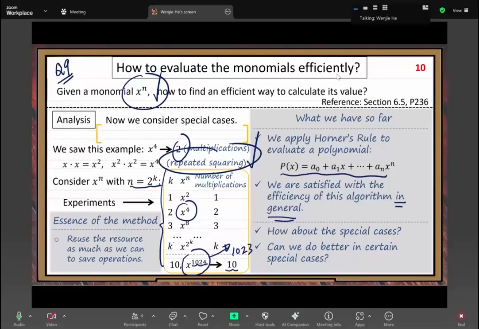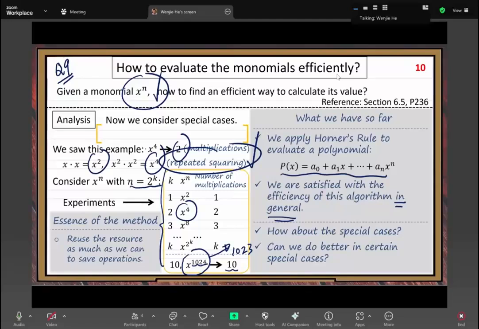The first time, after you do the first multiplication, you have x squared. This x squared we treat as a resource, okay? Because it's useful. Why do we call it a resource? Because this number is useful when we calculate x to the fourth. Something useful, we treat it as a resource. It's our computing resource. It's useful when we do computation.